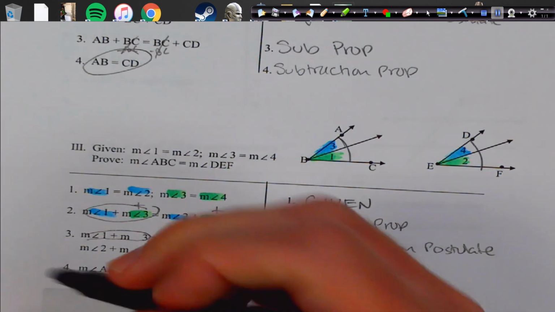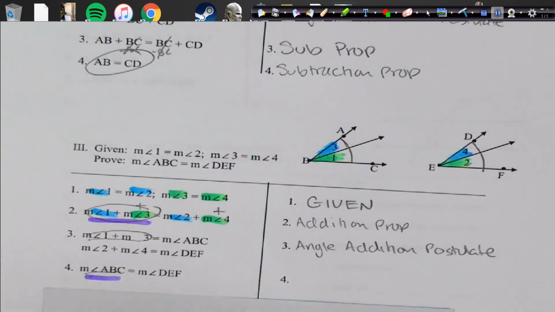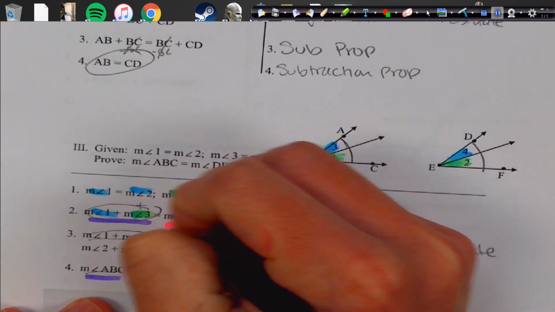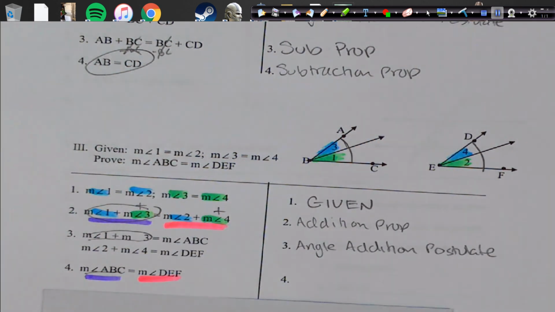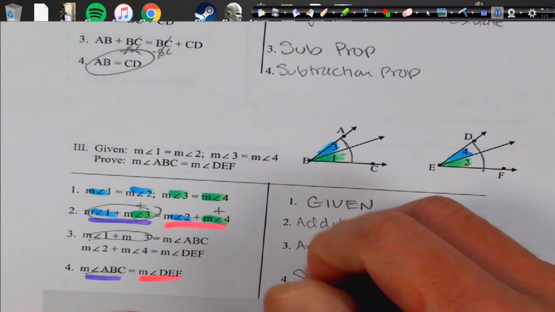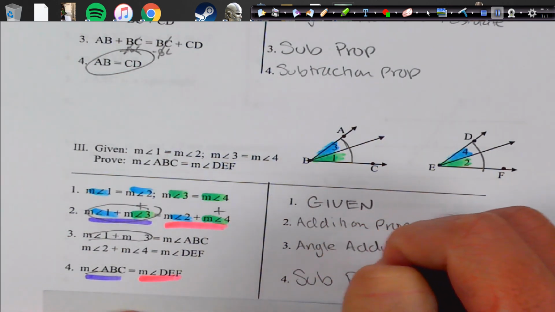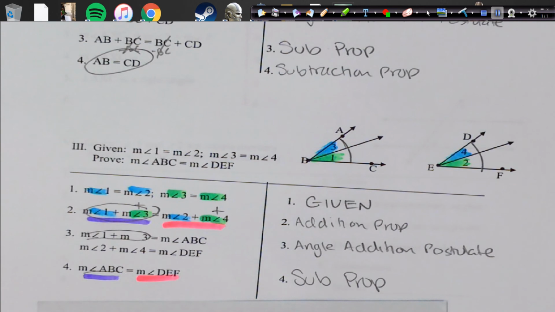So these two are substituting in for each other, right? And then instead of saying 2 and 4, I'm going to plug in DEF, because DEF equals 2 plus 4. So this would be substitution property. All right, nice. I just realized you couldn't try that one on your own because I never showed you the whole thing, so I apologize.